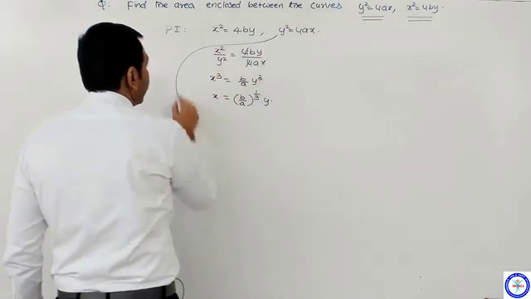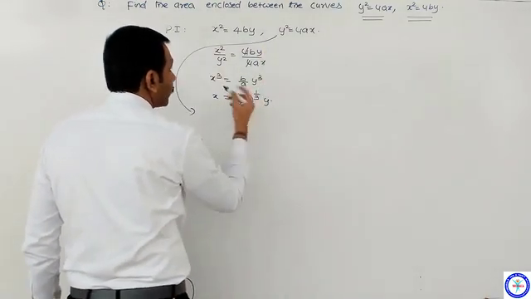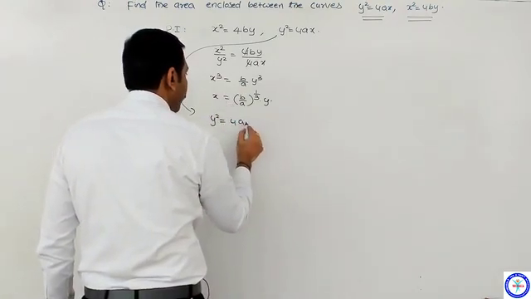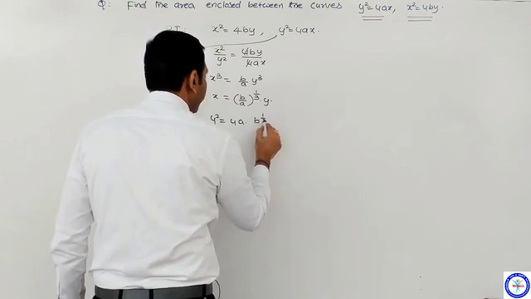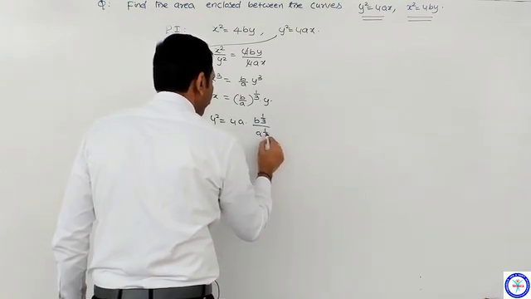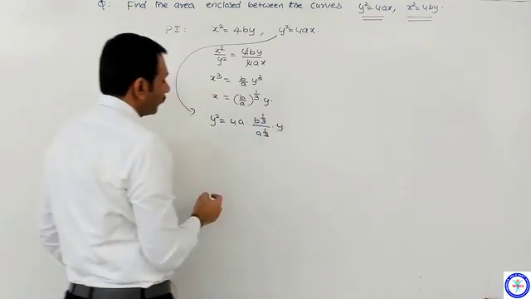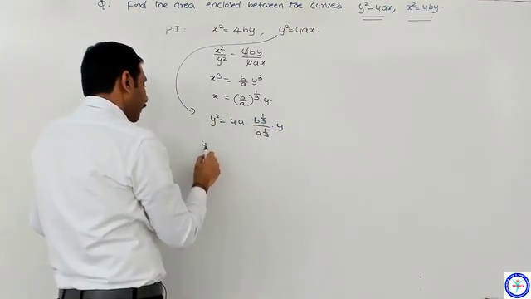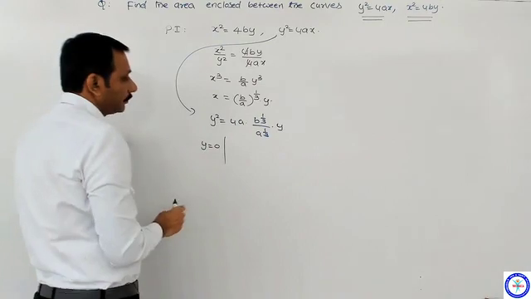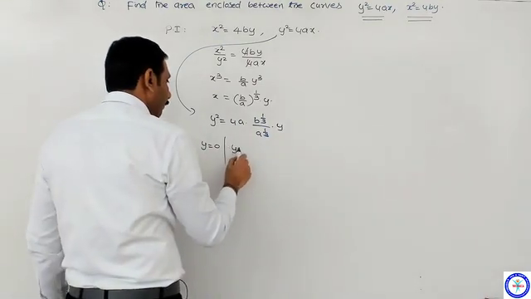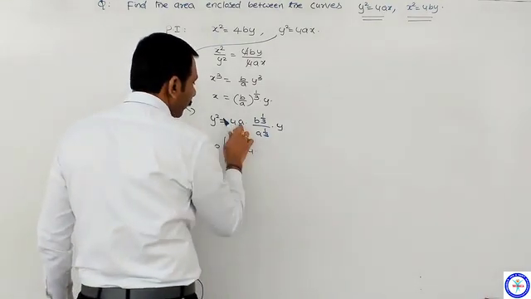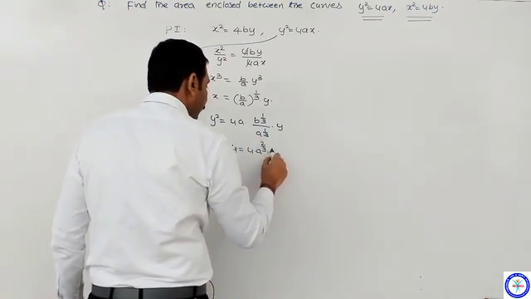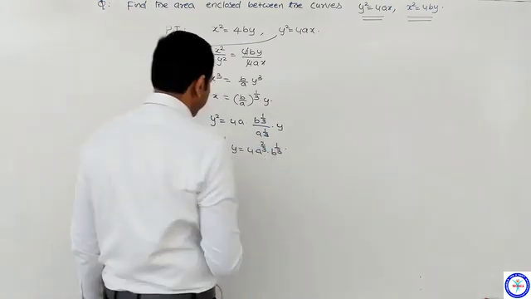Now, if I take this one and if I substitute x value, y square equal to 4a into x, b power 1 by 3 by a power 1 by 3 into y. I will bring this term this side and I will take y common, therefore y equal to 0, and other one y equal to 4 into a by a power 1 by 3 means a power 2 by 3 into b power 1 by 3.